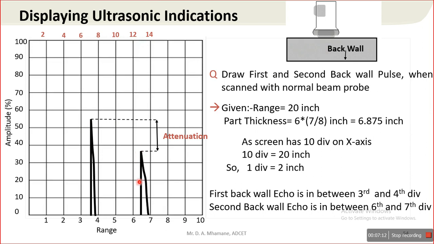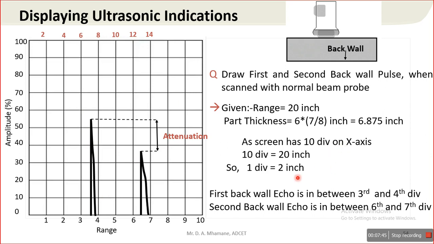It decreases the intensity of that pulse. So here we get the first back wall echo with larger intensity and the second back wall echo with lower intensity as compared with the first back wall echo. So it is called attenuation. We can see the effect of attenuation on the screen itself.